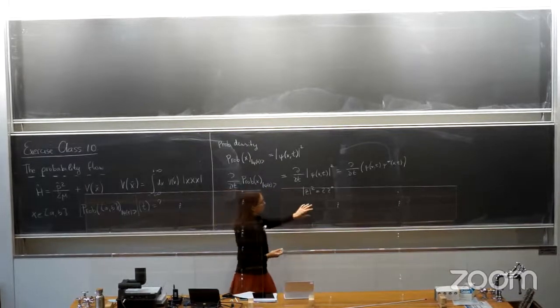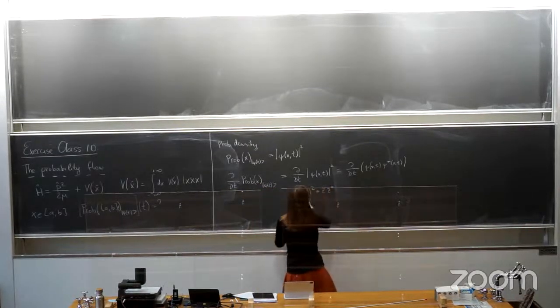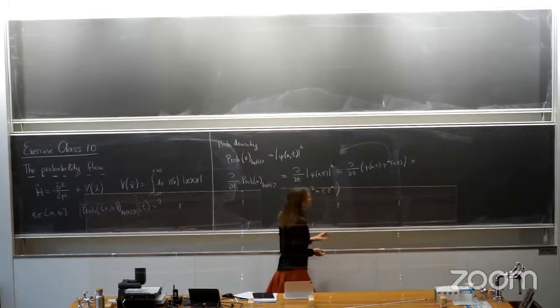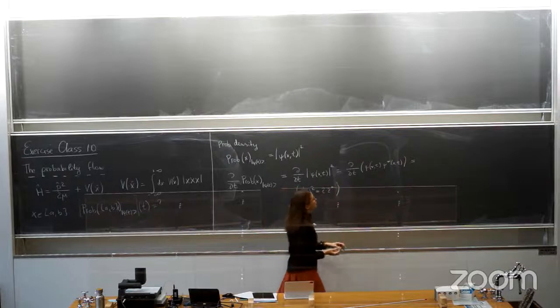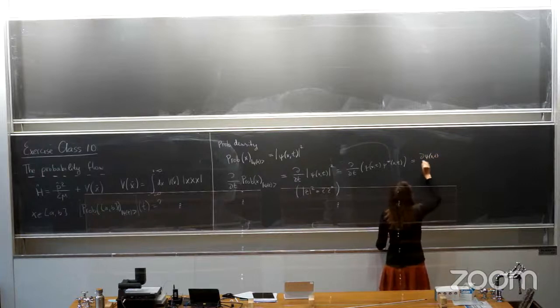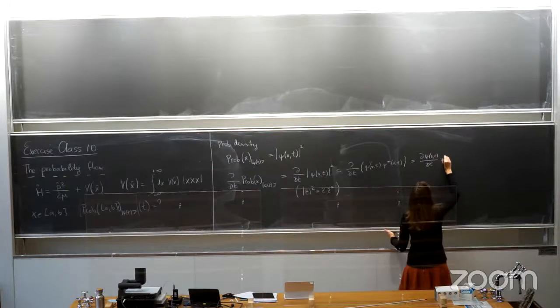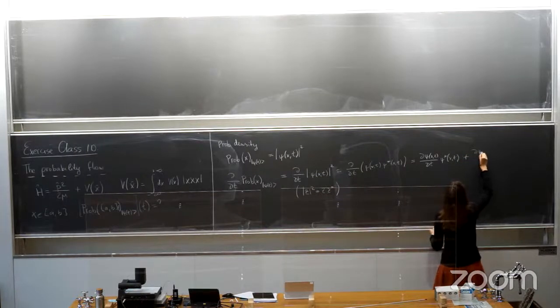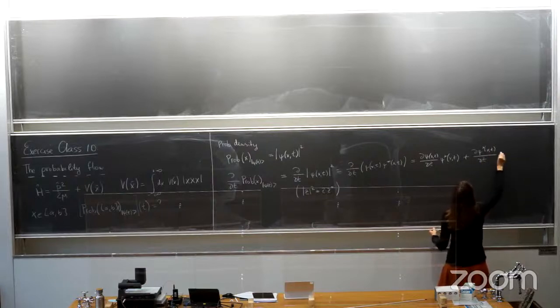And here we apply the product rule for taking derivatives. So this is equal to the partial derivative of psi with respect to t times psi star of x,t plus the partial derivative of psi star of x,t with respect to t times psi of x,t.